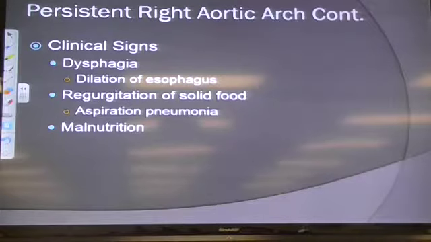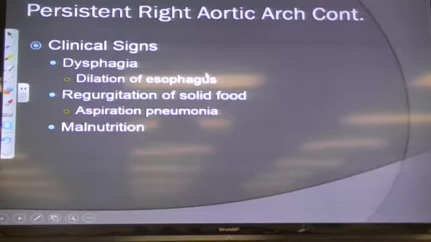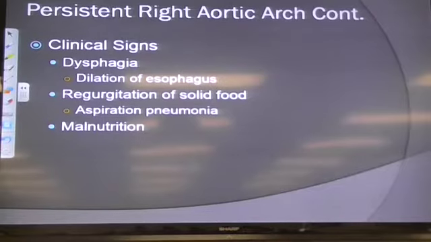Megaesophagus is what you'll see on a radiograph, and it is dilation of the esophagus. Regurgitation of solid food can cause aspiration pneumonia, which can be a sequela, and malnutrition.